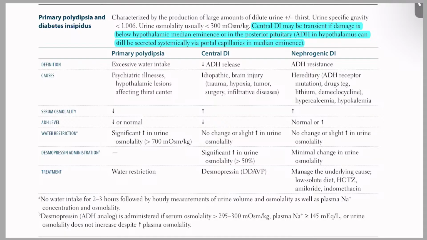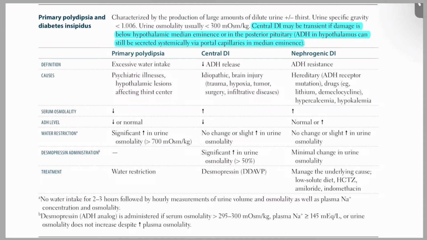Okay, understandable. Water restriction, significant increase in urine osmolality, more than 700 milliosmol per kg. Desmopressin administration, no. Treatment, water restriction.